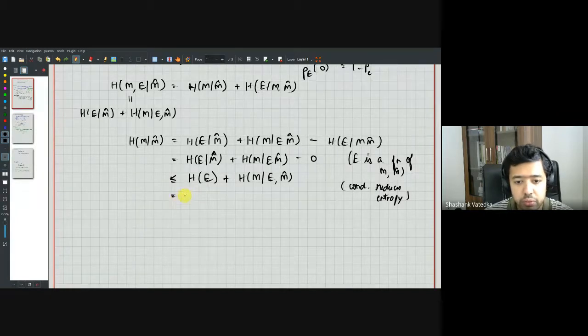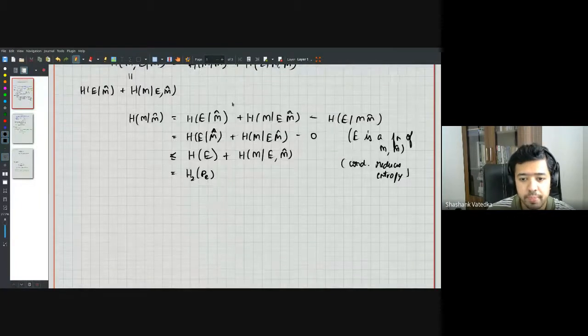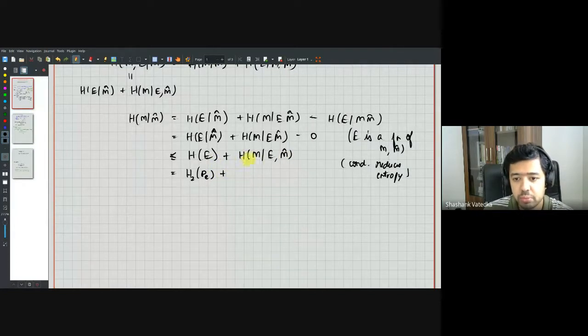So this is equal to h of E, which, as we've noted before, is h of PE. So we already have one term ready over here. Plus, now I want to see what happens to the second term. To do this, I'll split it into two parts: h of m given m hat and E. Now E can take two values, E can either be 0 or 1.